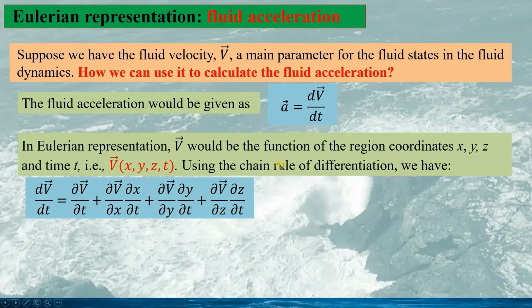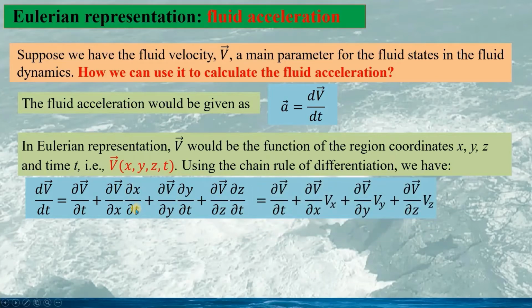However, in the Eulerian representation, the vector v is a function of the coordinates x, y, and z, as well as time t. So v should be expressed as this. And we use the chain rule of differentiation. We can have the differentiation of the vector v with regard to time as this, the partial differentiation of the vector v with regard to time, plus these three extra terms.